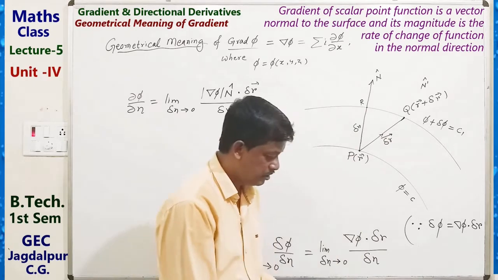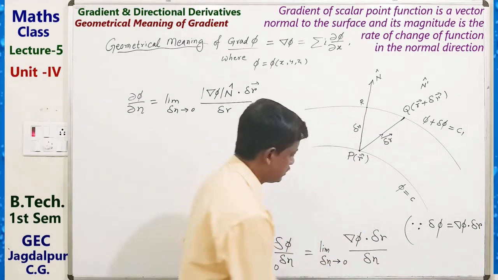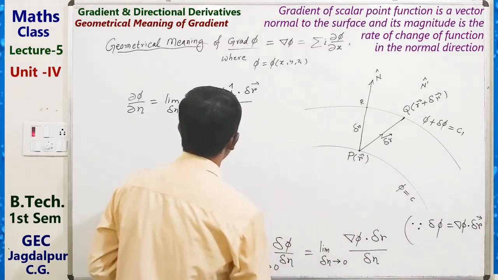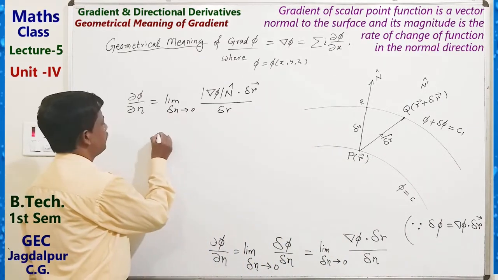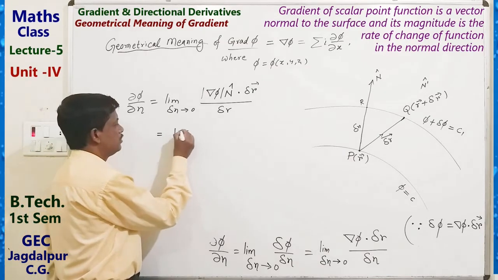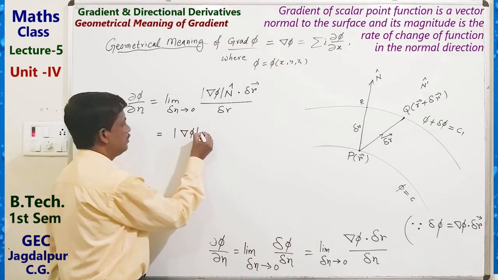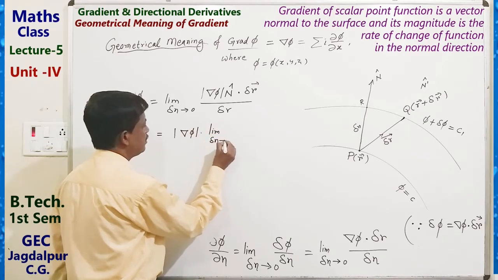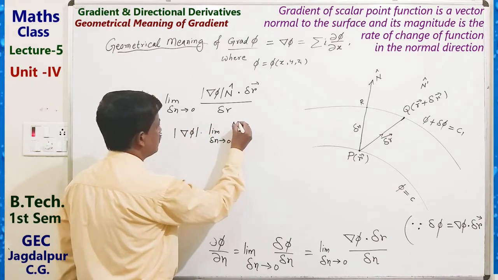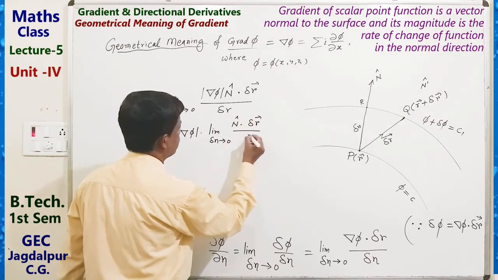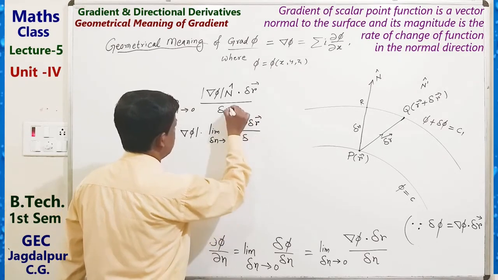Now here the modulus of del phi can be written outside. Now limit delta n tending to 0 of n cap dot delta r vector upon delta n.